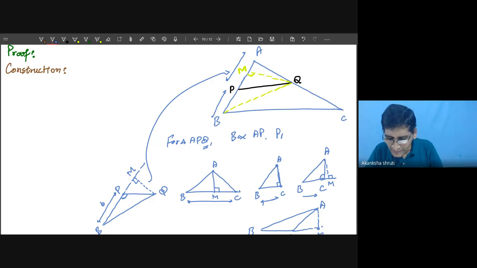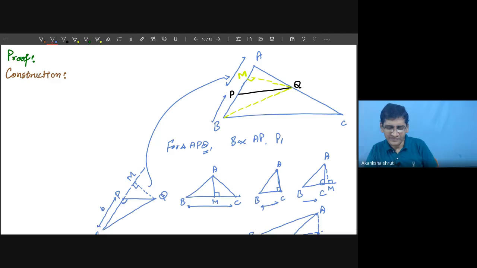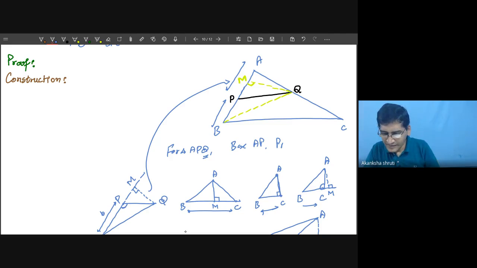So the base is AP, then the perpendicular will be your QM. So here we are observing that for this triangle APQ, the perpendicular is QM, which is falling on this side AP.